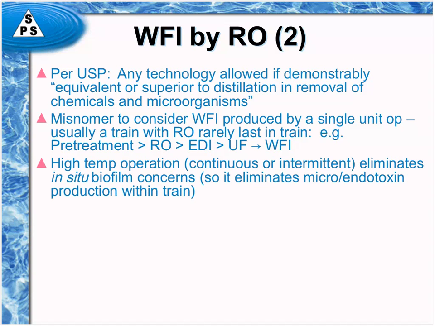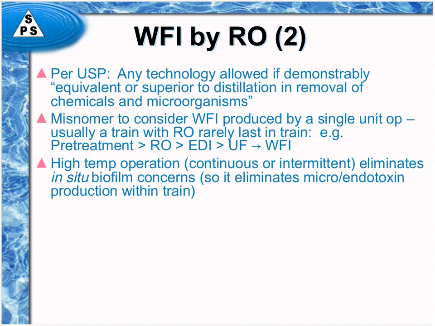The high temperature operation that we now can have with reverse osmosis allows very good sanitization and completely eliminates any kind of biofilm that may be growing on either side of the membrane or within the RO unit itself.